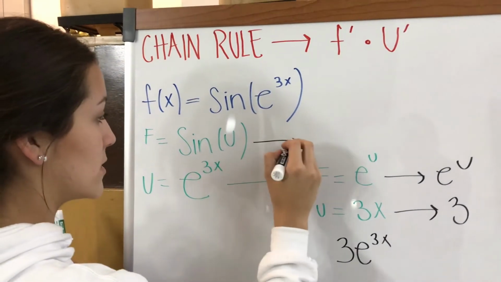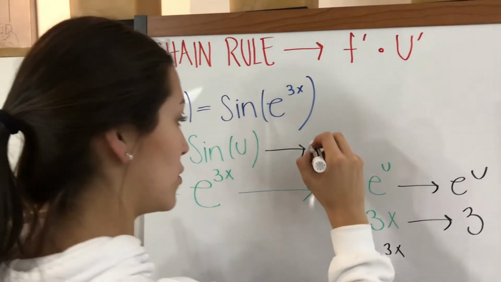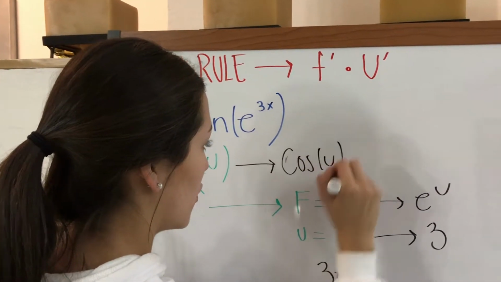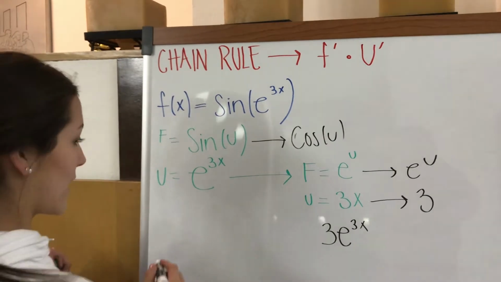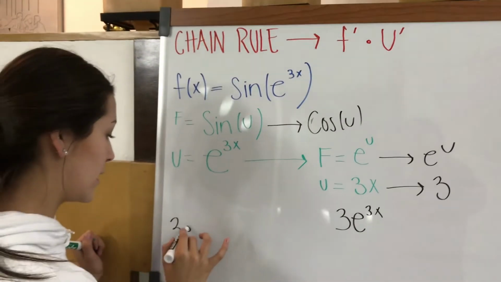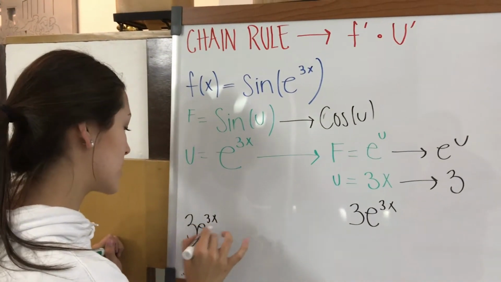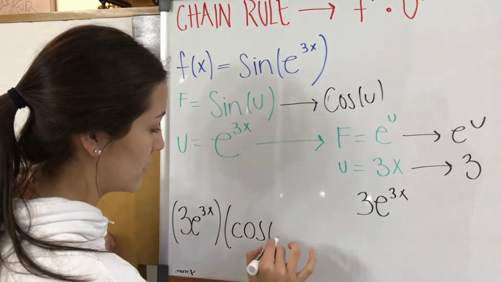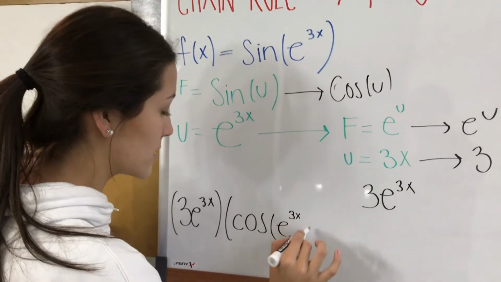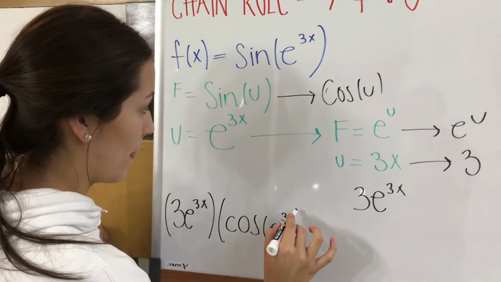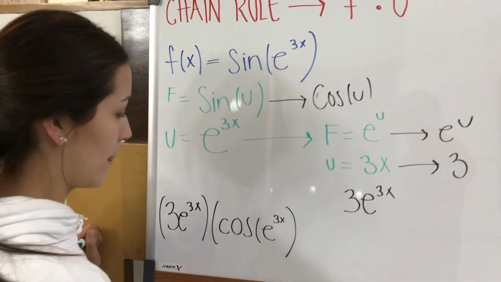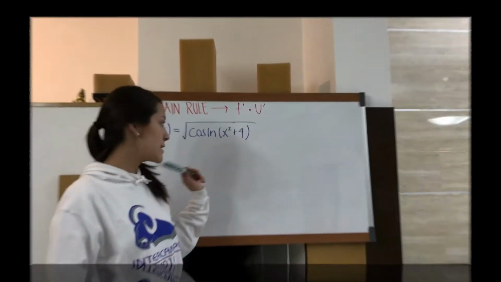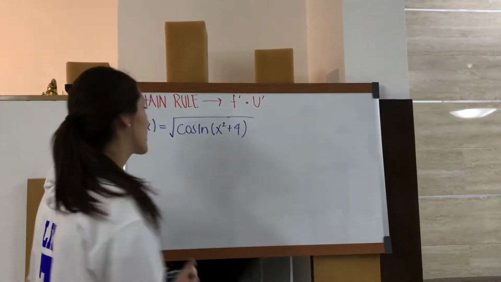Now the derivative of sin u will be cos u. So you will get 3e^(3x) times cos(e^(3x)), and that's your answer.